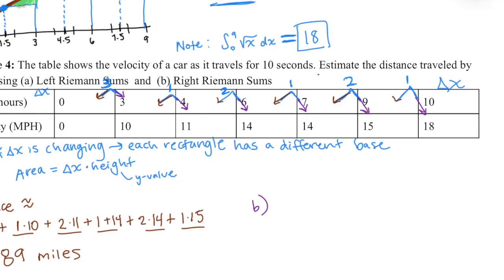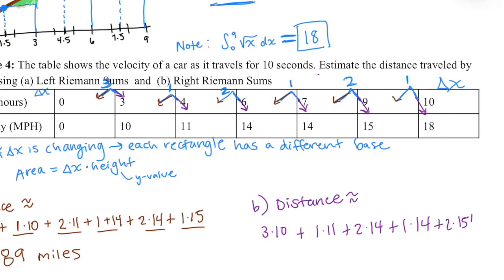Those aren't changing, but my output value I'm changing. So now my distance is going to be approximately 3 times 10 plus 1 times 11 plus 2 times 14 plus 1 times 14 plus 2 times 15 plus 1 times 18. And this ends up being 131 miles.